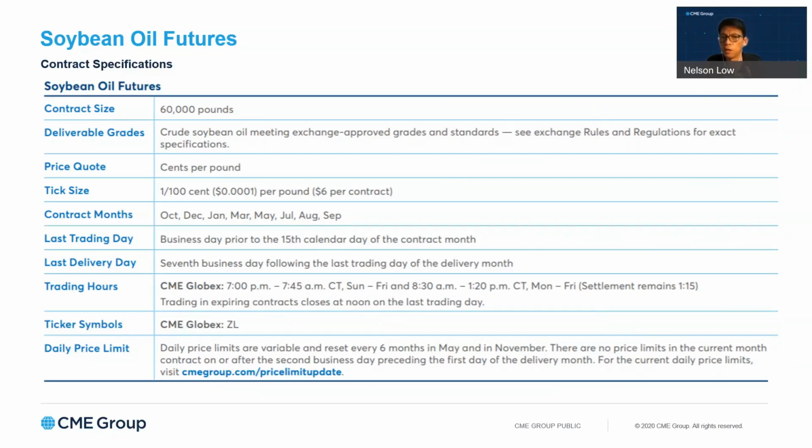And of course, the expiry and settlement schedule is slightly different. The trading hours are of course different. It's a different exchange. So in this particular case, you can trade them in Chicago time between 7 p.m. and 7:45 a.m., and then from 8:30 a.m. to 1:20 p.m. So almost the whole day. You can trade almost 20 hours in a day for this particular contract.